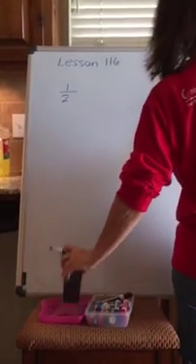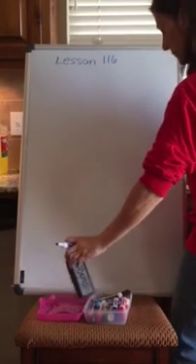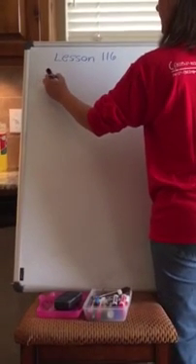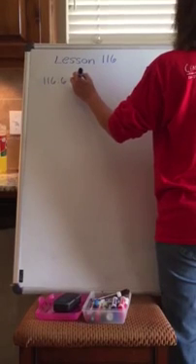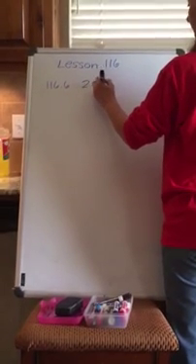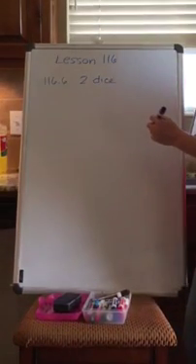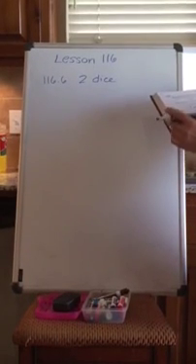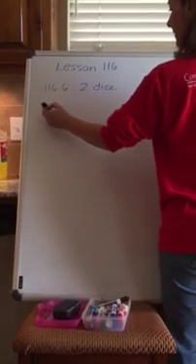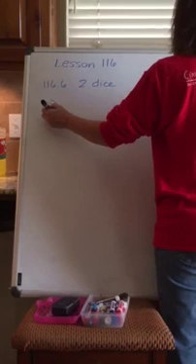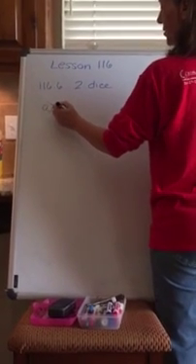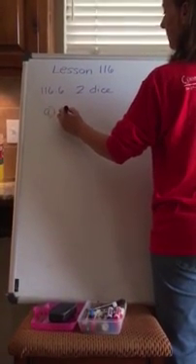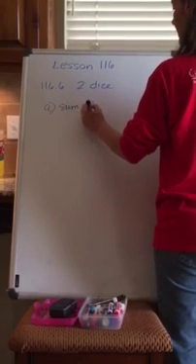All right, so let's look at 116.6. In 116.6, we do have 2 dice. And it asks on page 472, what is the probability of getting a sum of 7? So we want the sum to be 7.